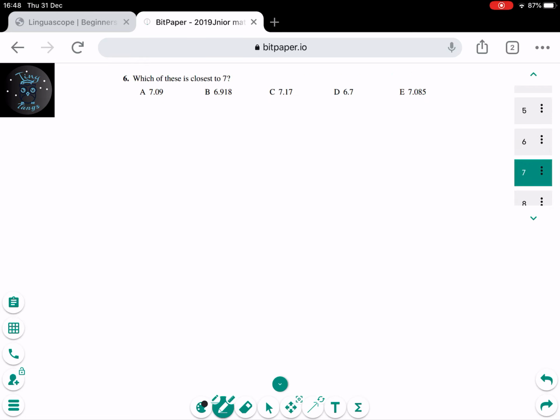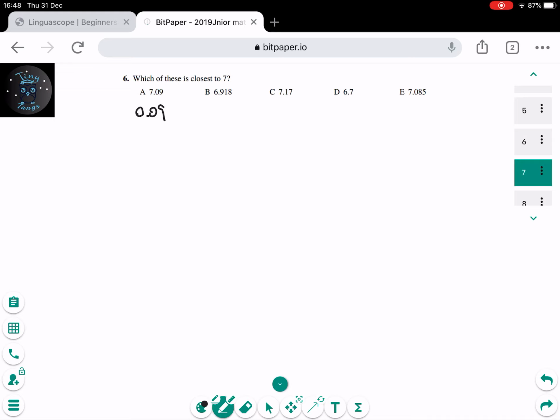So, the sixth question asks us which of these numbers is closest to 7. What I would do is find the actual difference between 7 and the options. In the first option, the difference is 0.09.